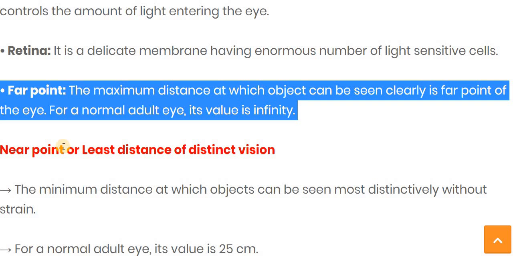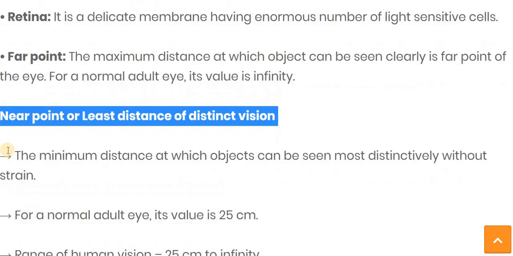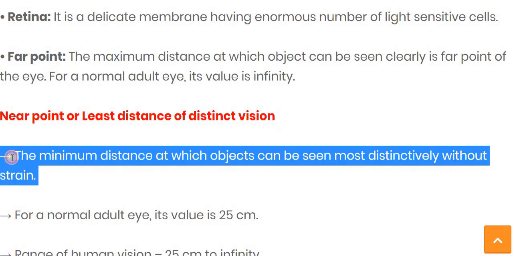If we are talking about the normal adult eye, then the far point is infinity. Let's talk about the near point. It is opposite to the far point. The near point, or the least distance of distinct vision, is the minimum distance at which the object can be seen.